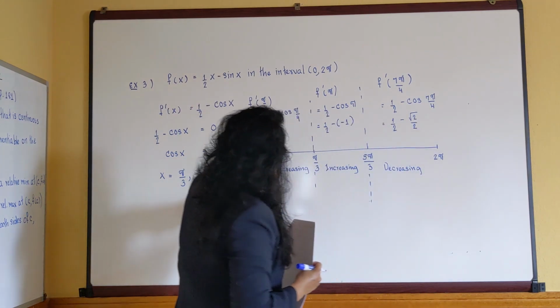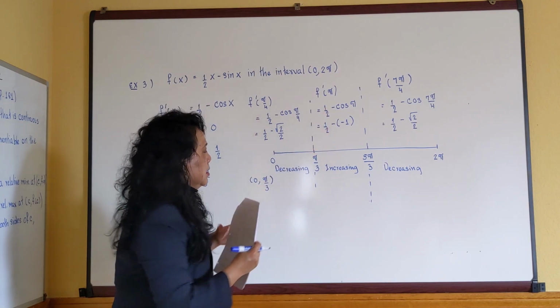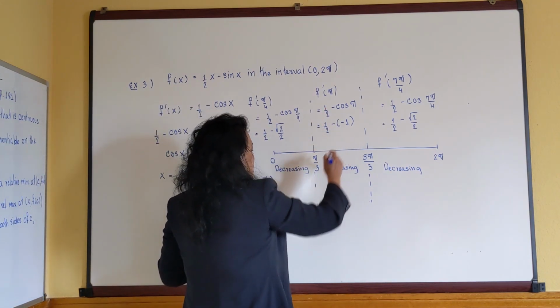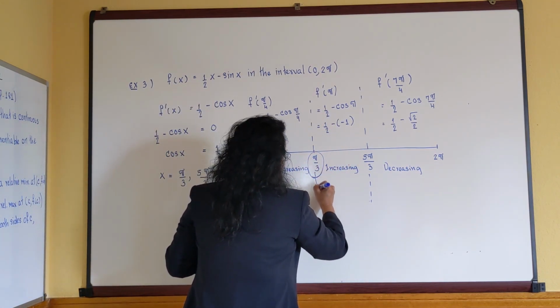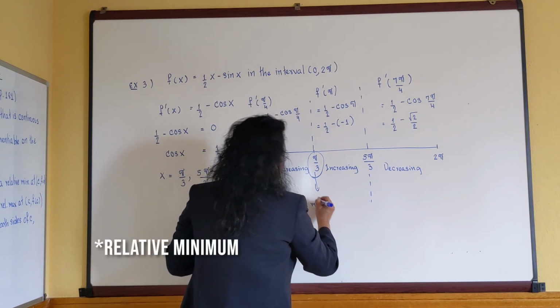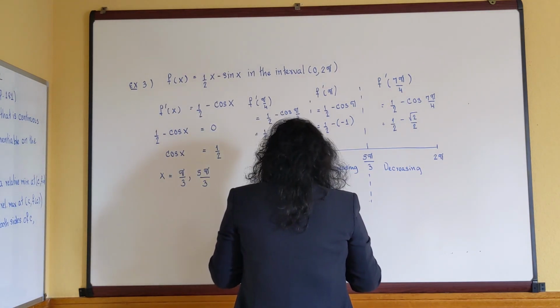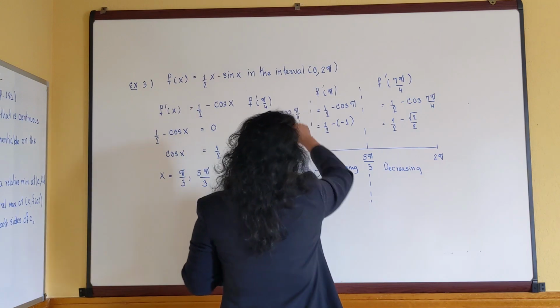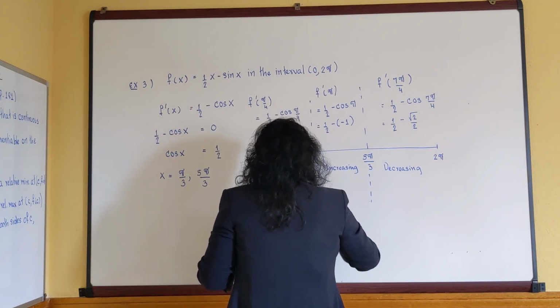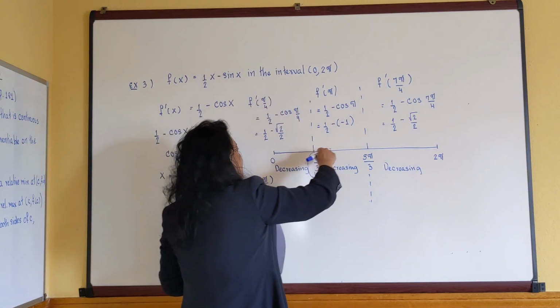So it changed from decreasing to increasing. Decreasing to increasing. So this is relative max. Alright, relative max. Wait a second, relative min, because it's decreasing and increasing.